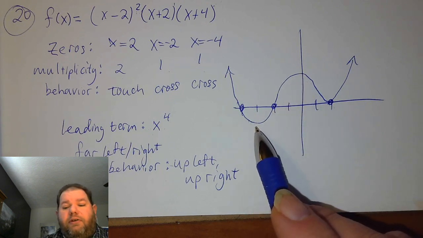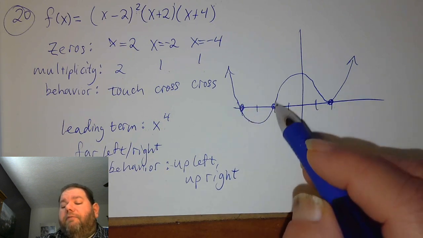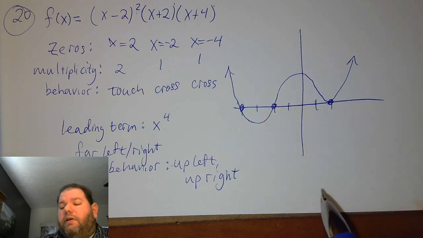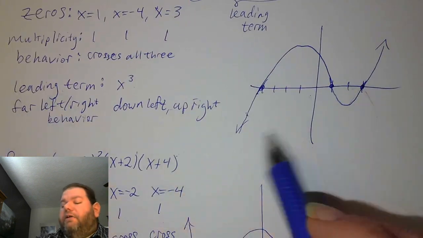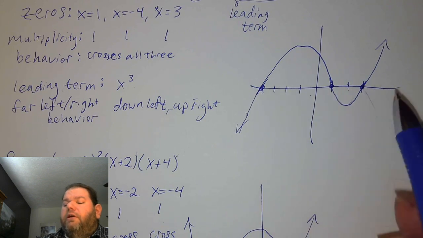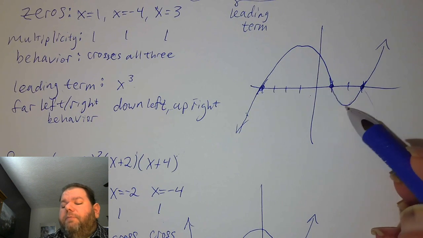If you actually put this in a graphing calculator, you might see it dip down quite a bit, but even further up here because of the greater distance between the 2 points. And we saw a similar thing on the previous graph. We had a larger distance between these 2 points than we did here, so I drew the curve a little bit further above the axis than this one was below.